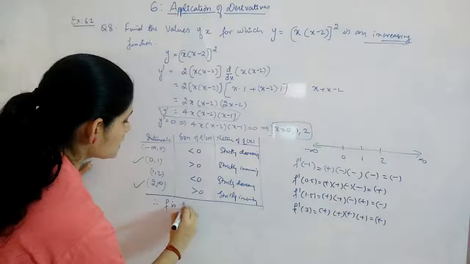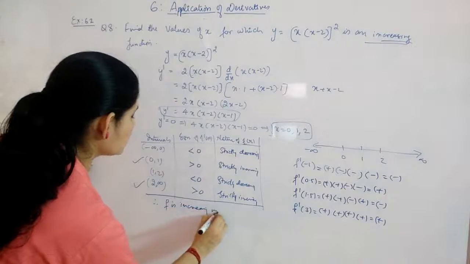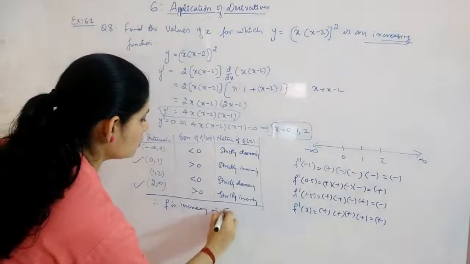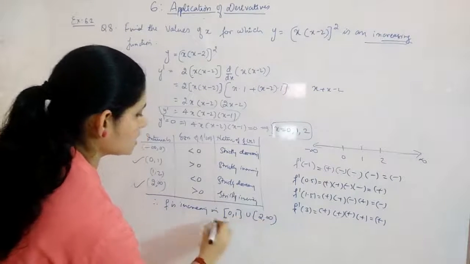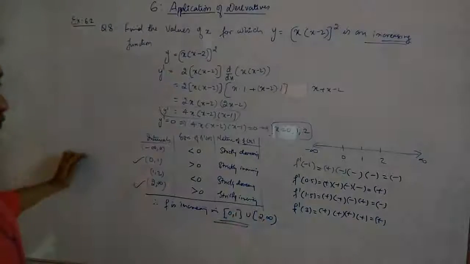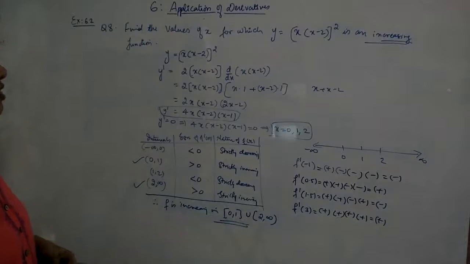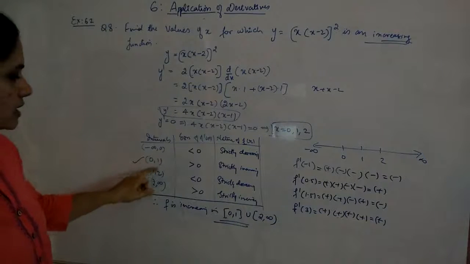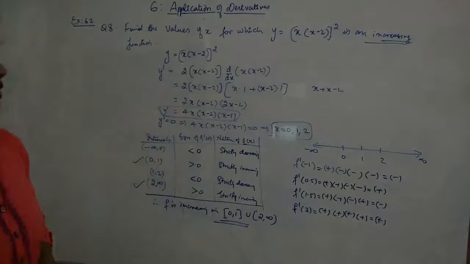The function is increasing in the interval 0 to 1, union 2 to infinity. The infinity side will be open, the remaining closed if it is increasing. If it was strictly increasing, you would write open intervals. Only increasing is asked, so you mention only that.